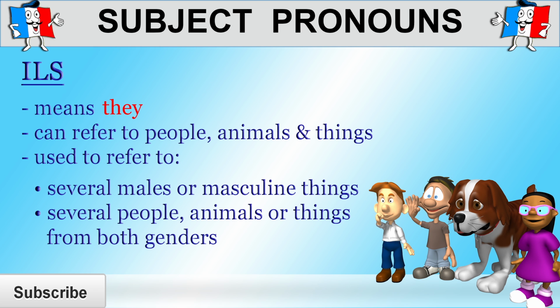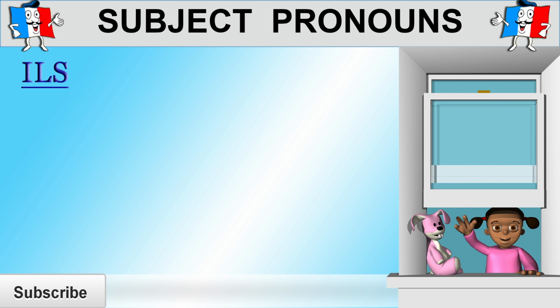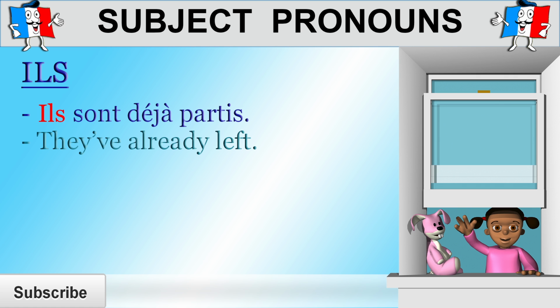You could also use ils if you were talking about lorries and cars, being as a lorry, un camion, is a masculine noun in French, and a car, une voiture, is a feminine noun. For example, ils sont déjà partis, they've already left.